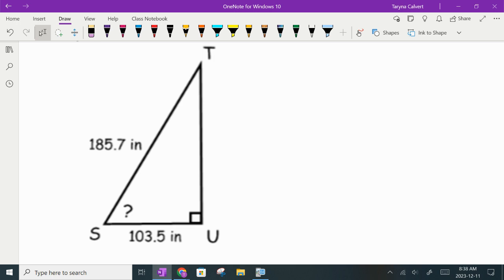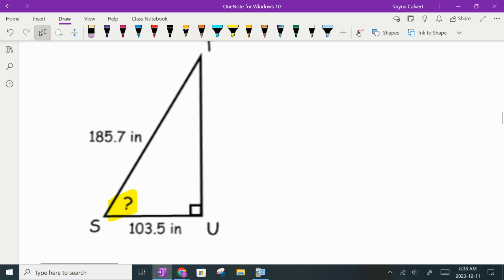You will use cosine. The reason is the angle you're going to try to find is your reference angle. Do you agree that this is the angle I want to find right here, angle S? That's how you label your triangle. From that angle, the 103.5 would be opposite, adjacent, or hypotenuse?